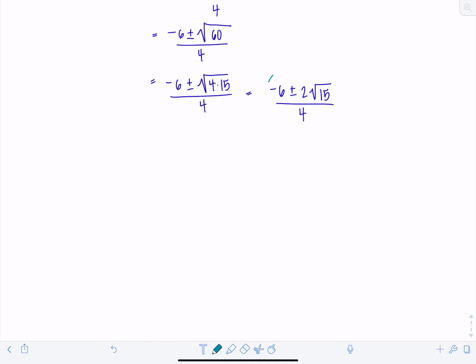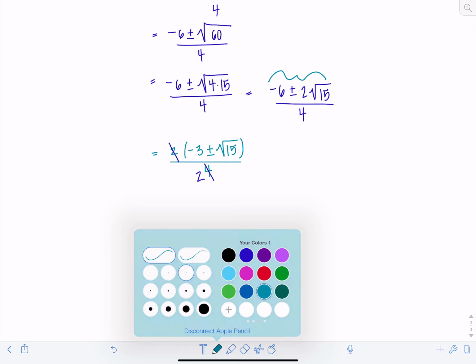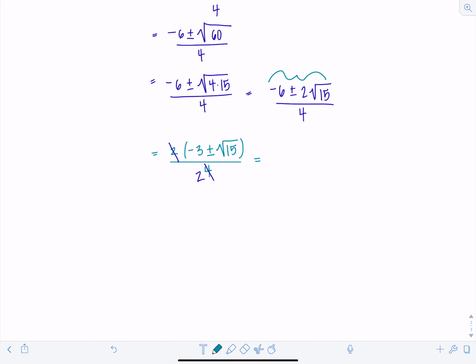So I can take out from the numerator a 2. So we'll have 2 times negative 3 plus or minus the square root of 15 all over 4. And then now I can cancel that 2 with the 4. And I'm left with my final answer, negative 3 plus or minus rad 15 over 2.